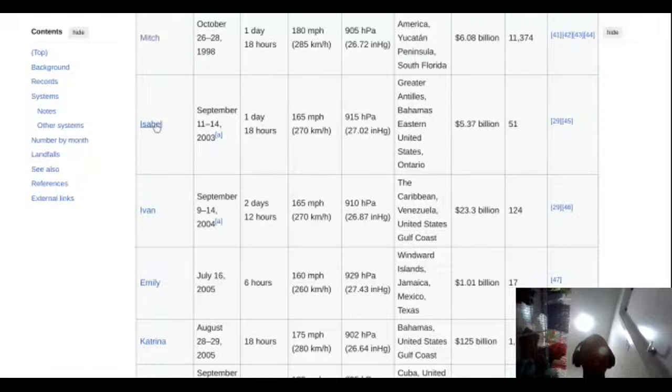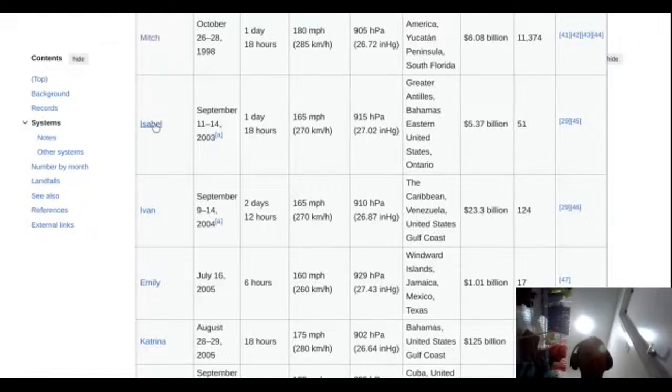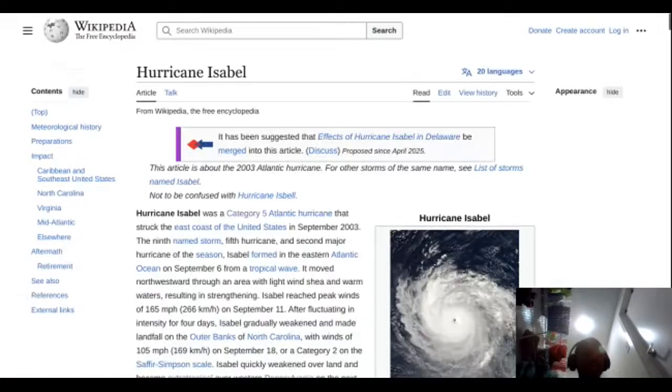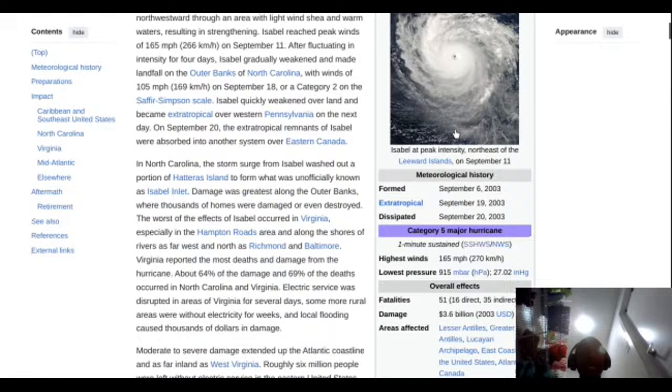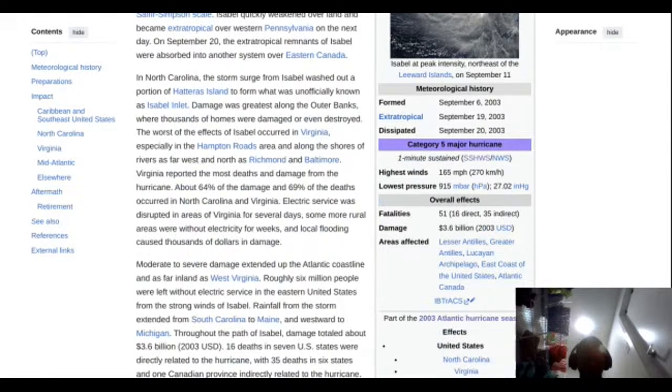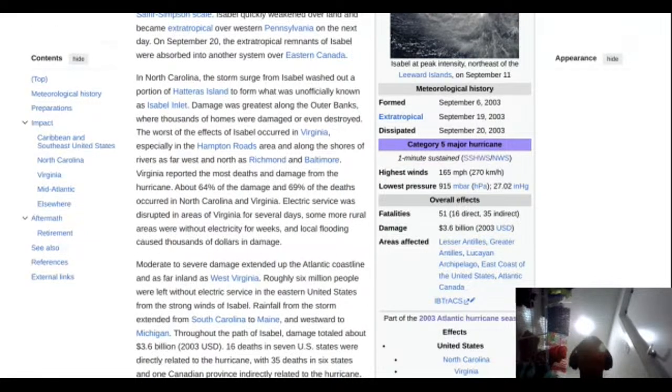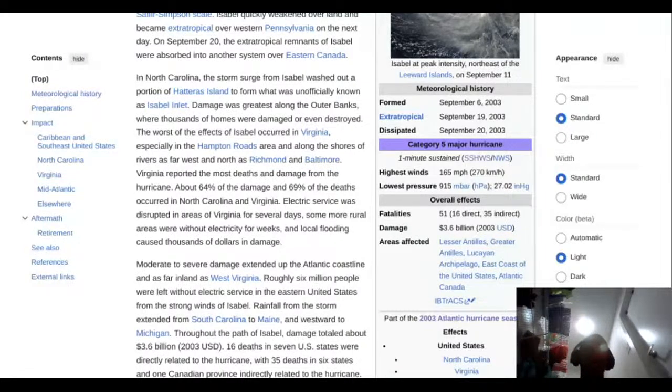Next is Hurricane Isabel. Hurricane Isabel formed on September 6, 2003 and dissipated on September 20th, 2003. This hurricane caused the super outbreak between Georgia and Alabama for a risk of tornadoes.